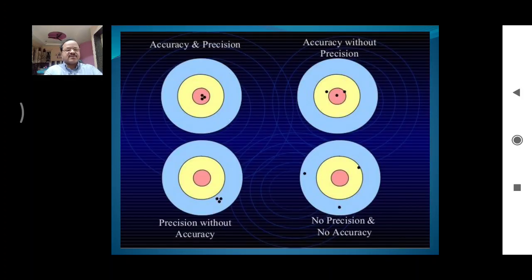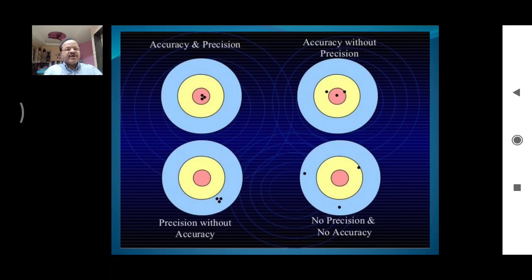Now let's understand the same point again by considering these four figures. In these figures there is a pink circle, an inner circle, which is called the bull's eye. So we have to shoot in the pink circle.